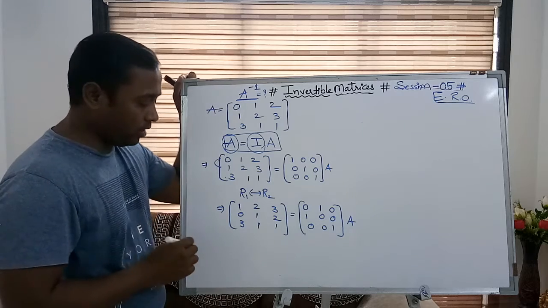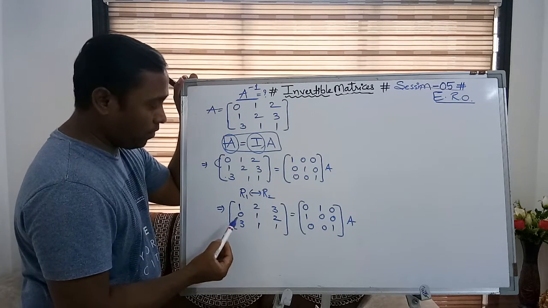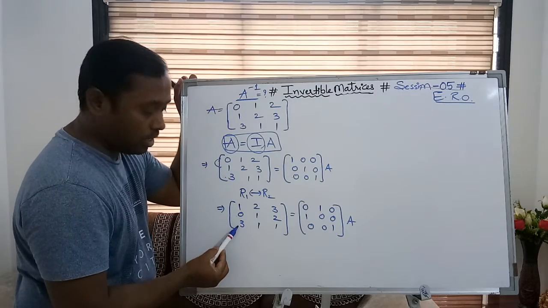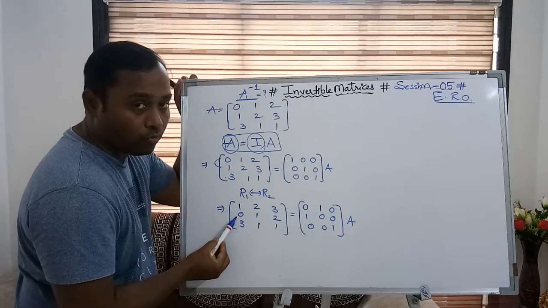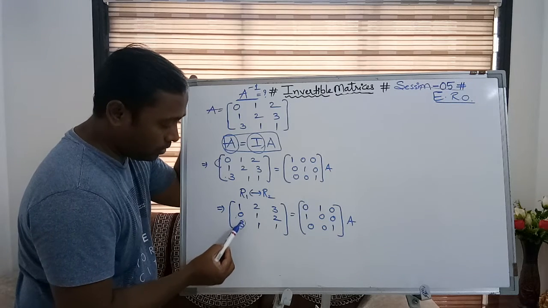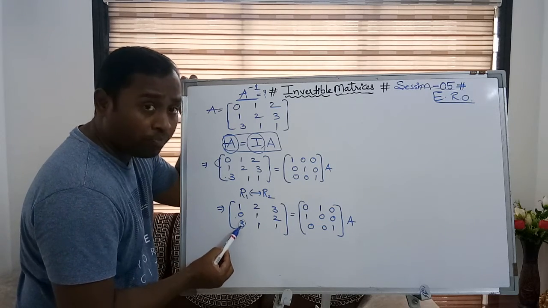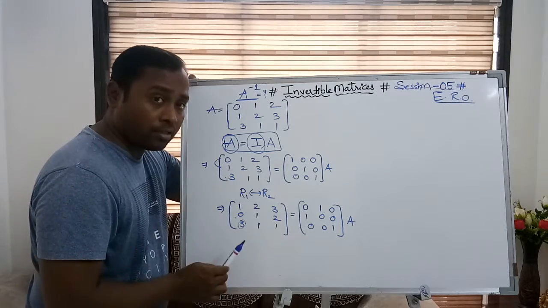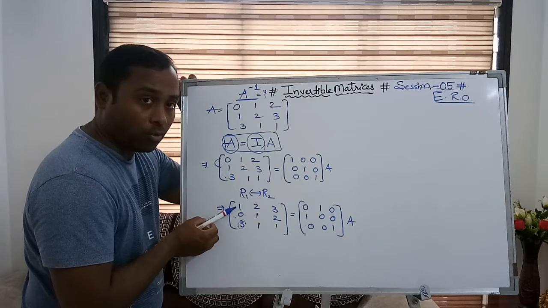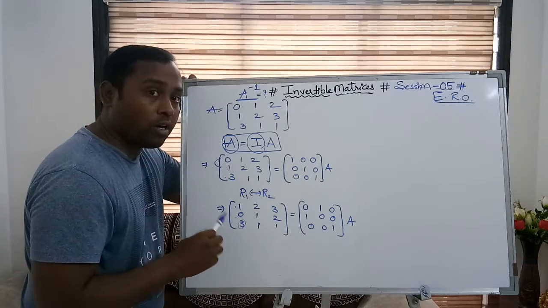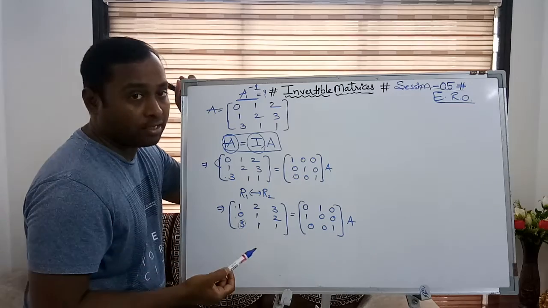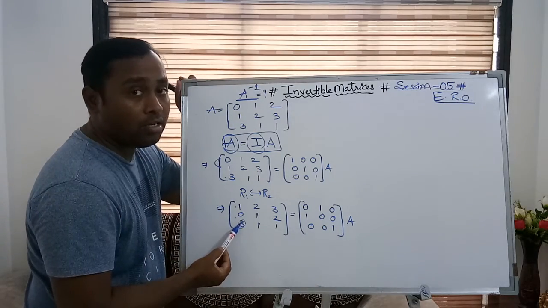Okay. After doing this, now what I am looking for, after 1 I require 0, then I require 0 here, but 0 is already there, so one step is reduced. Now I am looking at this, how can I make this 0? To make 0 there is only one concept: in that column where we have already made 1, multiply that 1 by some quantity and add or subtract, so that the value becomes 0.